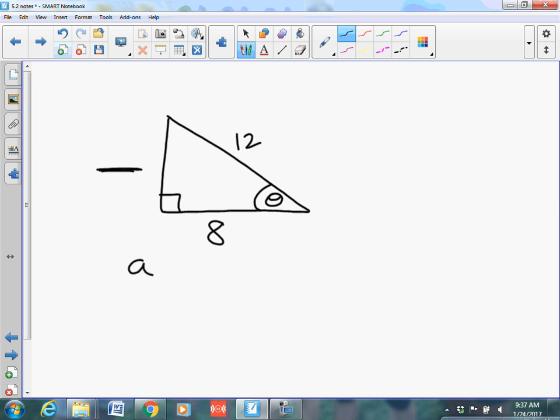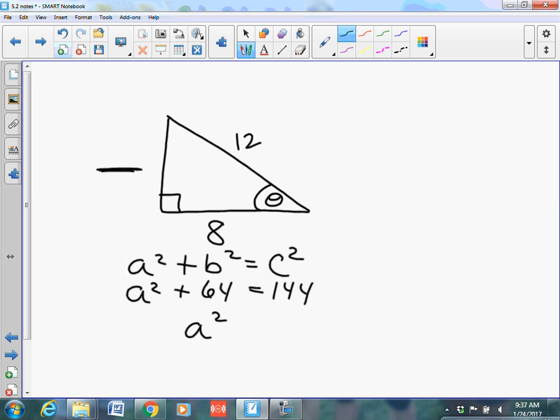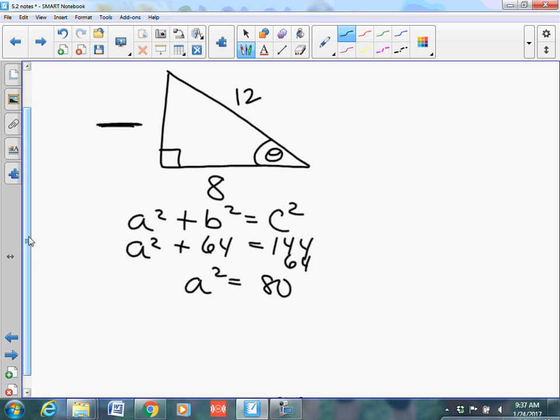So, a squared plus b squared equals c squared. Isn't this 144? Isn't that the hypotenuse? Isn't this going to be 64? And aren't you finding either the a squared or the b squared? Which gives you a squared equals 80. A squared equals 80. Square root.